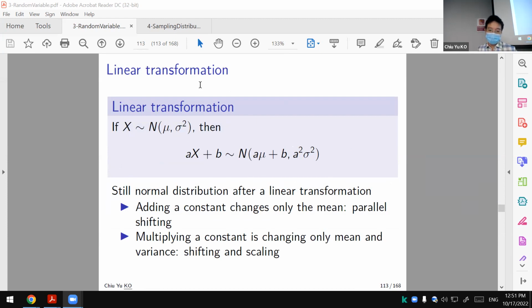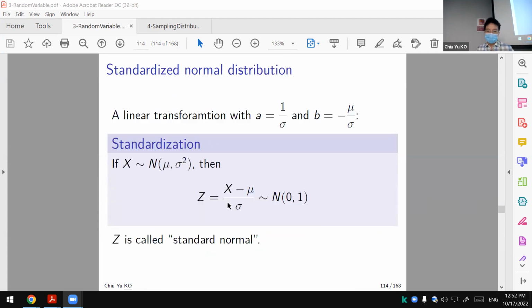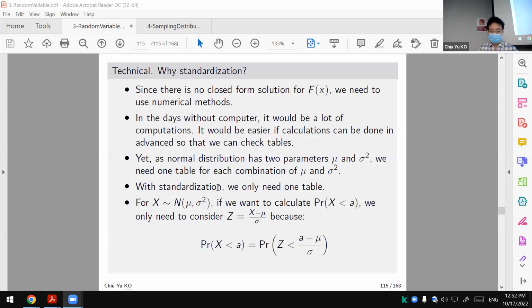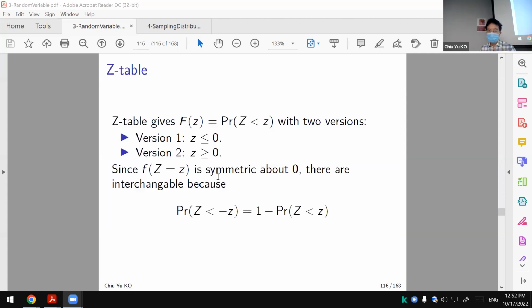Of course, this leads to the idea of what we call standardization, right? We just subtract the mean and divide by the SD, which gives you a Z, which is standard normal, and we know how to check our table, right? I think we talked about that last time.